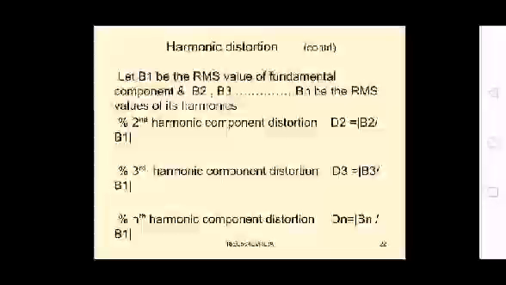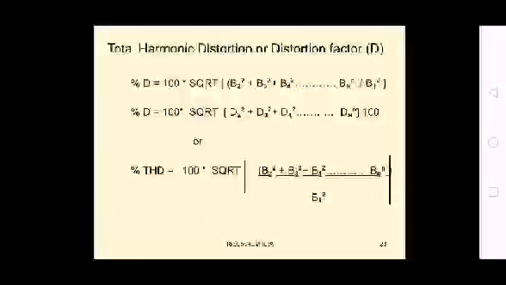Similarly, due to the third harmonic, D3 equals B3 by B1, and due to the nth harmonic, Bn by B1. Then we have to calculate the total harmonic distortion due to these 2, 3, and so on up to n. That is given by the formula of total harmonic distortion.